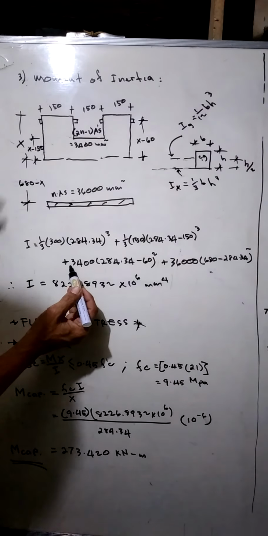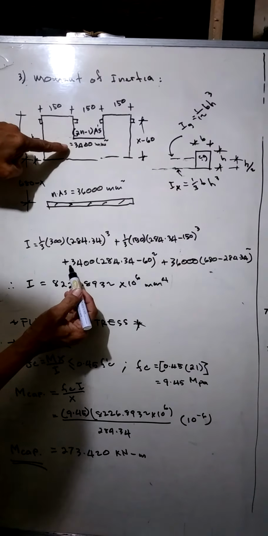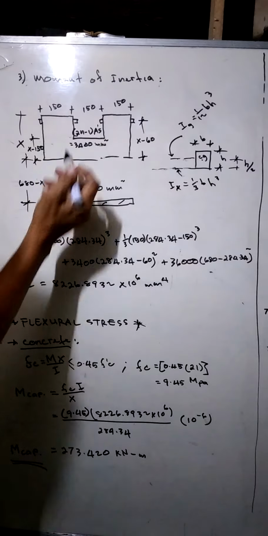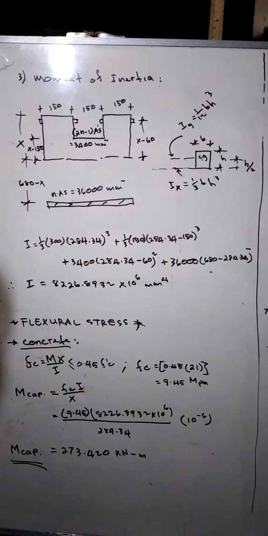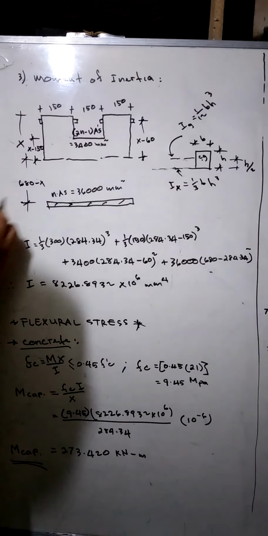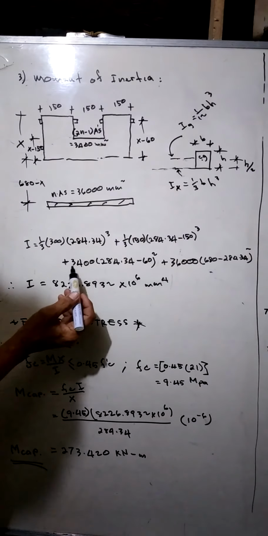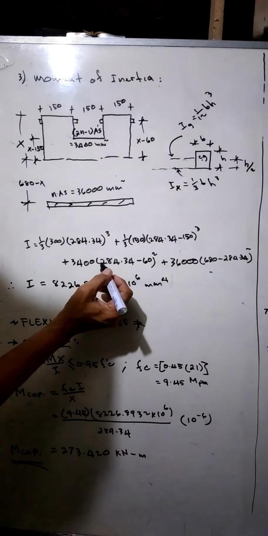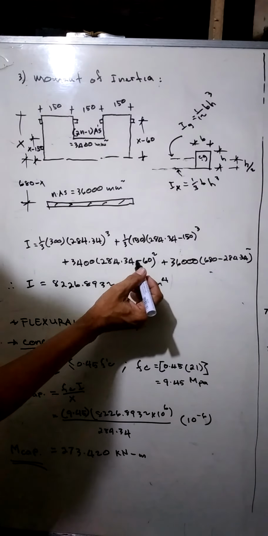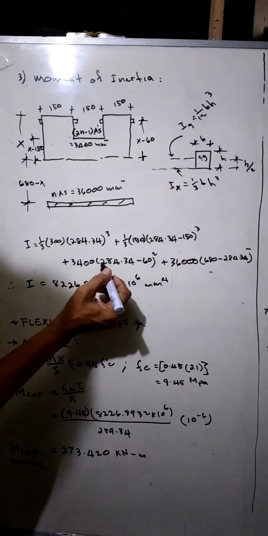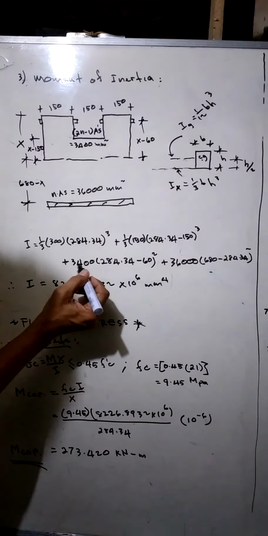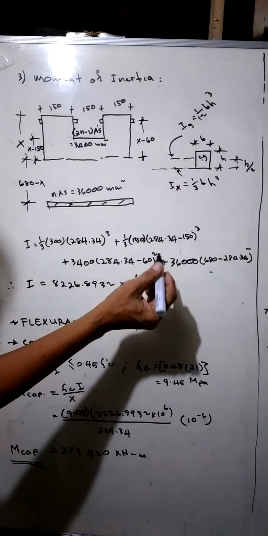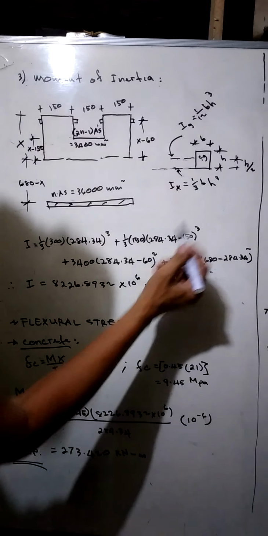Plus the transform moment of inertia of the compression bar, which is 3400 times 284.34 minus 60 to the third.